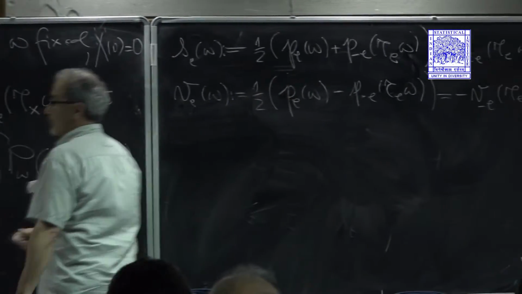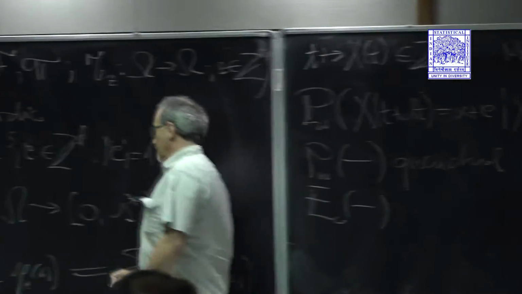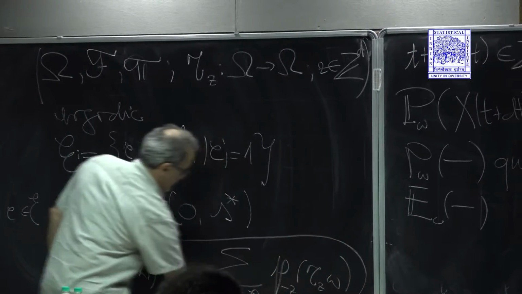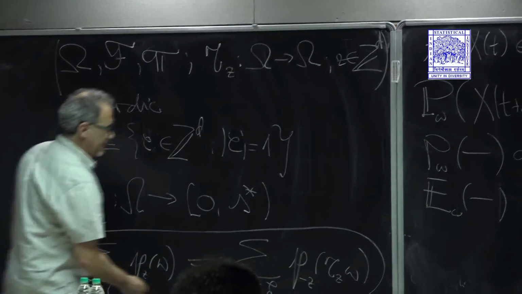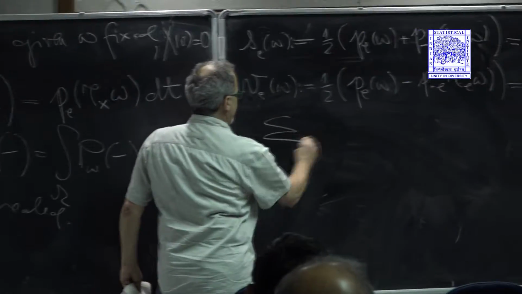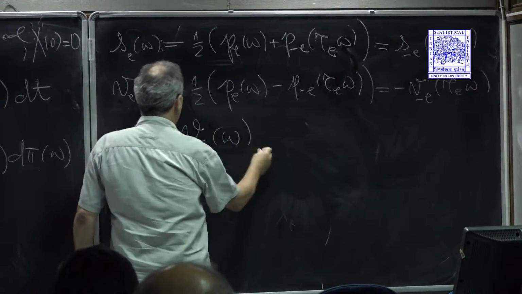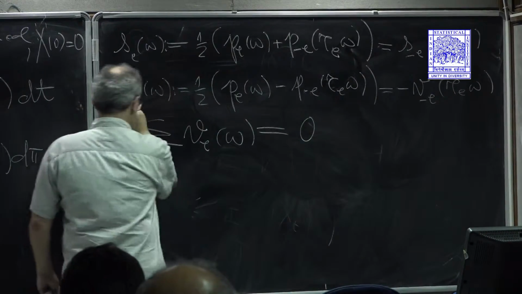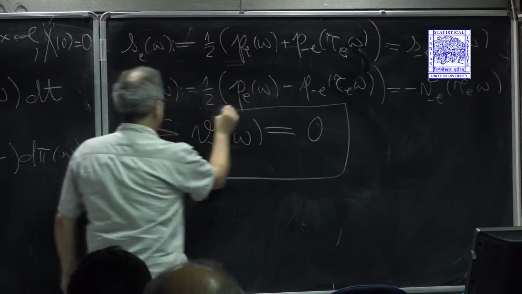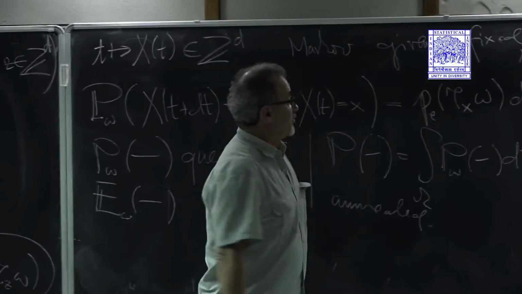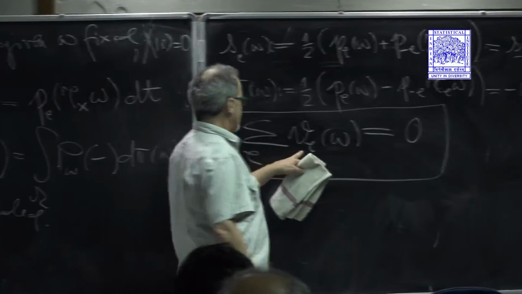And this condition, which is the divergence-free condition, you will easily see is the same as writing that the sum over e of V_e omega equals 0. That's exactly the same, and this is the divergence condition of a divergence-free thing.